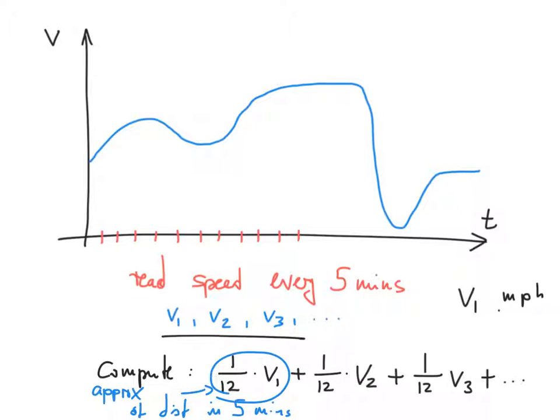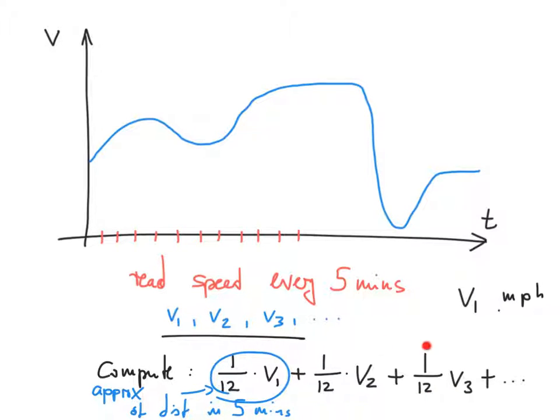Likewise, this here would be an approximation of the distance driven in the next 5 minutes, because it's our second measuring point, v2. And likewise, this would be an approximation of the distance driven in the next 5 minutes.